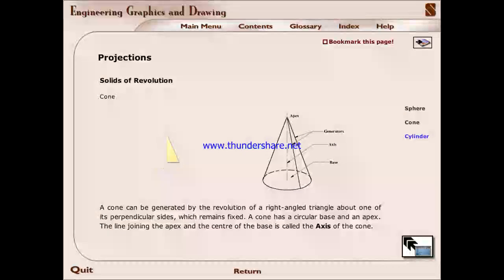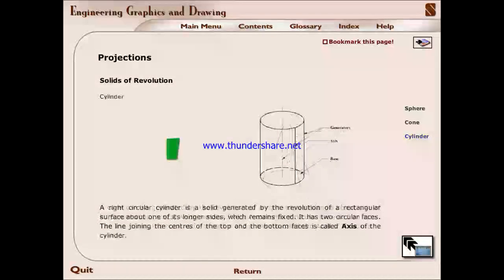Now, define cylinder. A right circular cylinder is a solid generated by revolution of a rectangular surface about one of its longer sides, which remains fixed. It has two circular faces. The line joining the centers of the top and the bottom faces is called the axis of the cylinder.